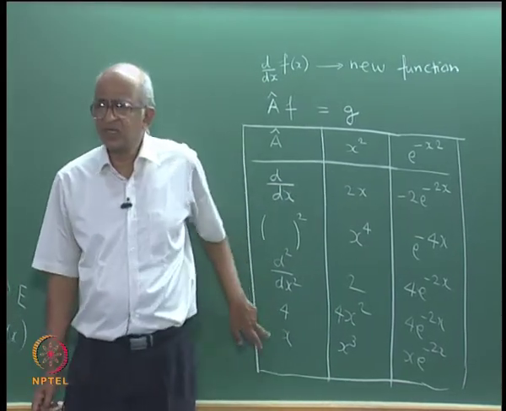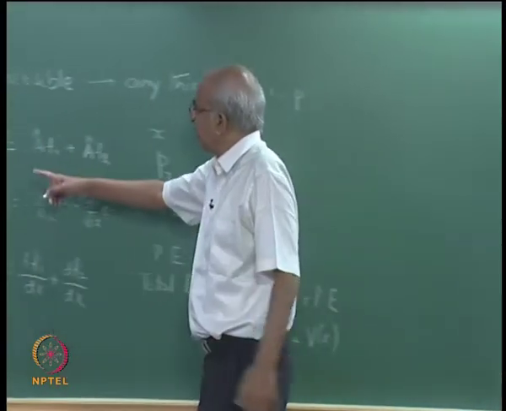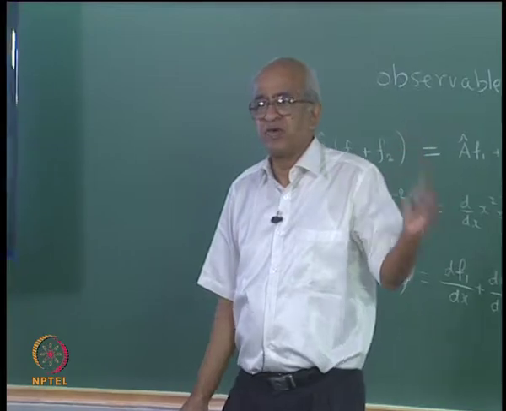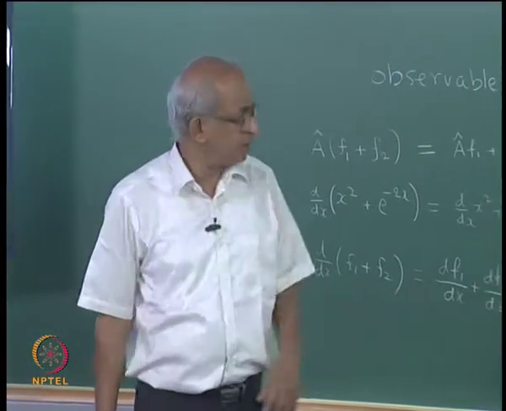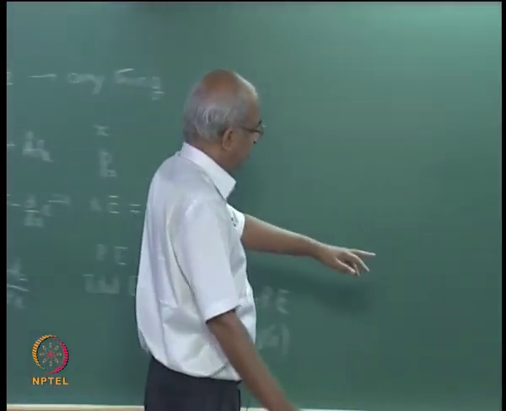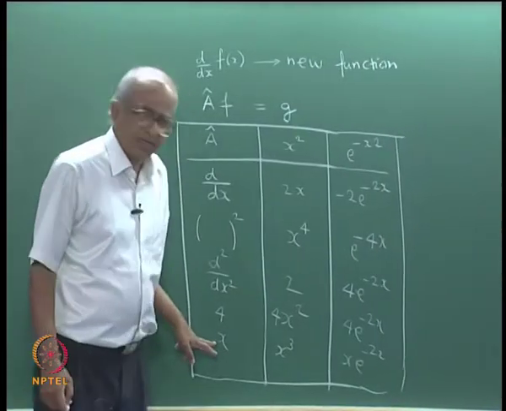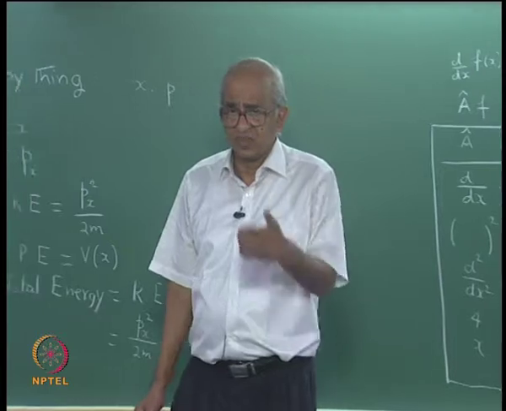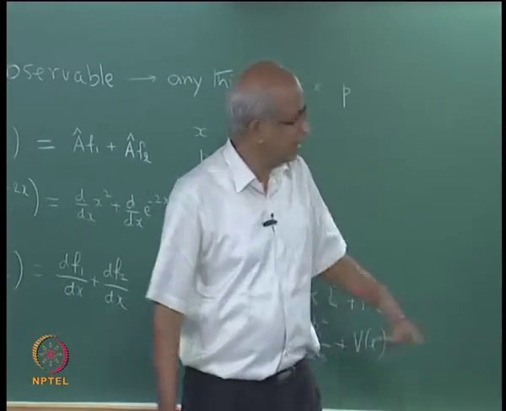Multiplication by 4 is obvious: if you multiply f1 plus f2 by 4, it is equivalent to multiplying f1 by 4 and f2 by 4 and adding the two. So this also is a linear operator. Multiplication by x is another example of a linear operator, but notice that I did not discuss this one.